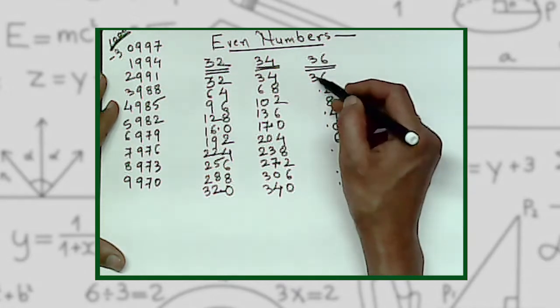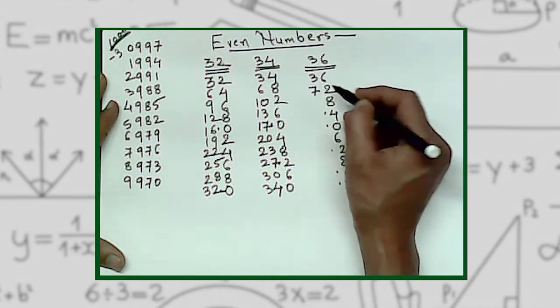Now the left hand side: 3 plus 3, 6 plus 1, 7.